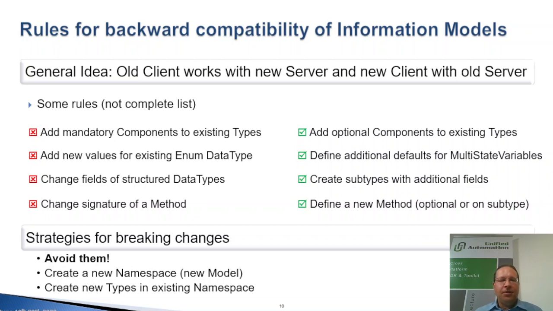The most common one, I would say, is that you create a new namespace. In a nutshell, it's a new model. We also have rules for the namespace, that you add a v2 at the end. Or, if it's just a minor thing where you say this type really needs to change, you just create in the existing model a new type which replaces the old type.